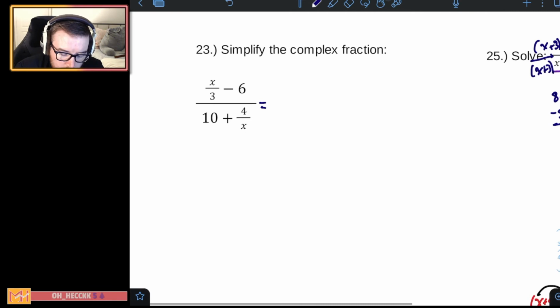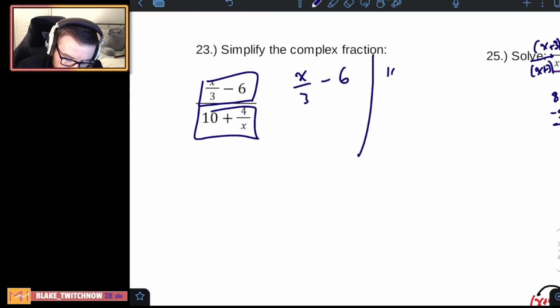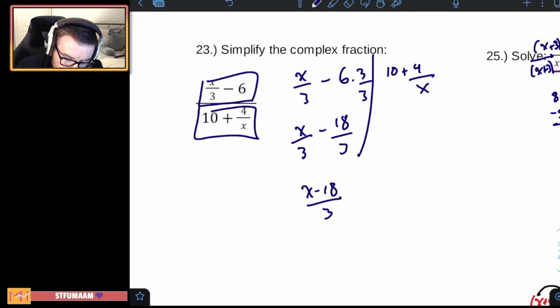But okay, here we go. Let's simplify this complex fraction. Focus on these pieces individually. Okay? So I like to focus on them one at a time. So here's the numerator and here's the denominator. Get a common denominator for this little piece here. Get a common denominator here.